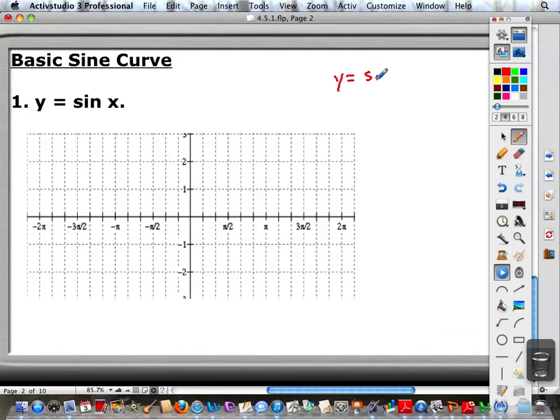If I look at the sine of 0, what value does it have? Well, the sine of 0 is 0. So we've got the point (0, 0). When I'm at 0 radians, I have a y value of 0. If I go up and let my x be pi over 6, the sine of pi over 6 was 1/2.